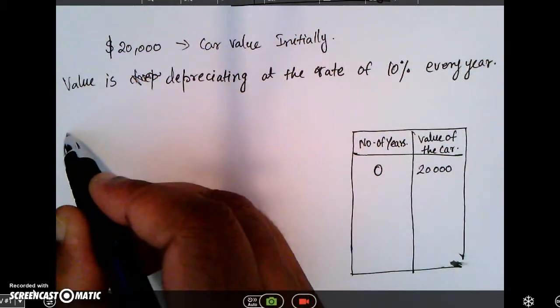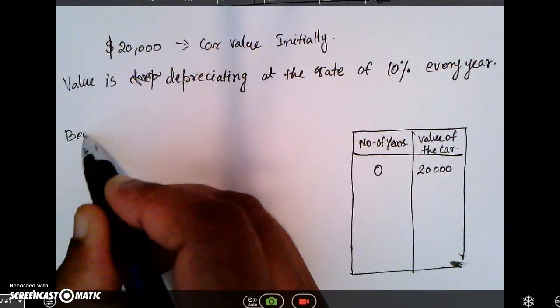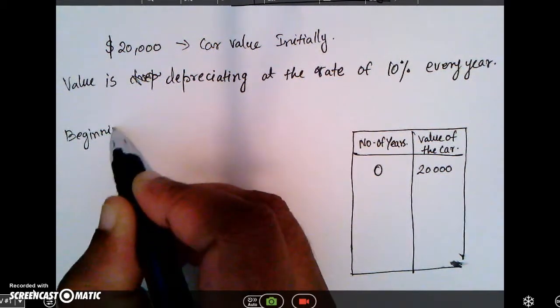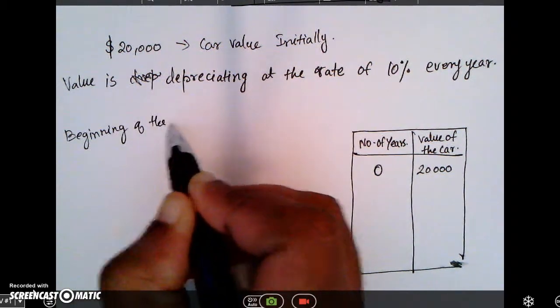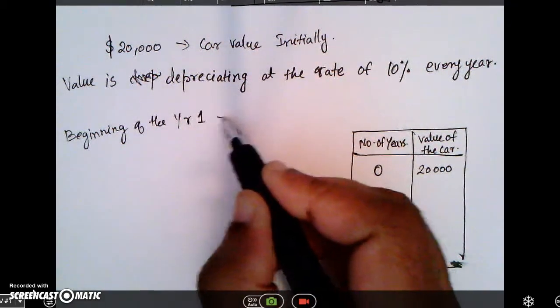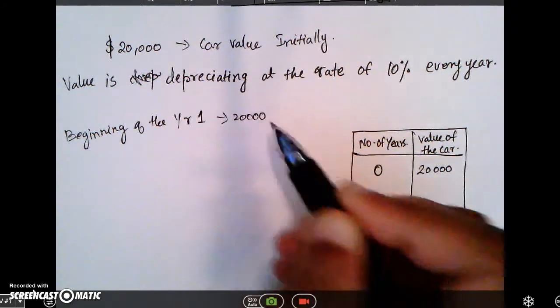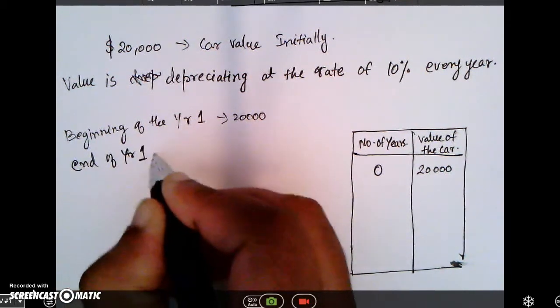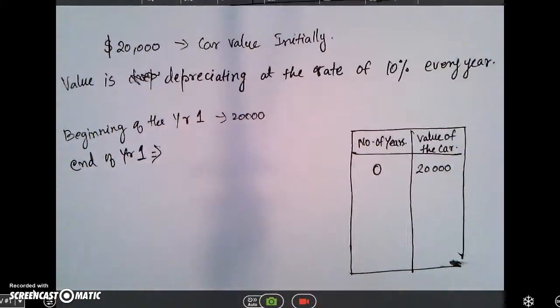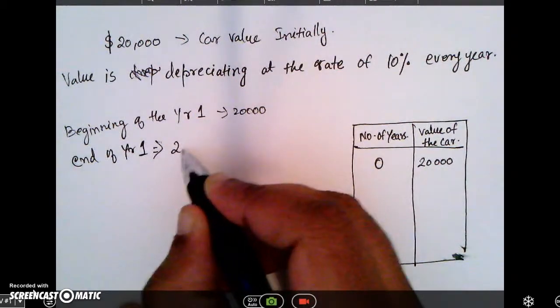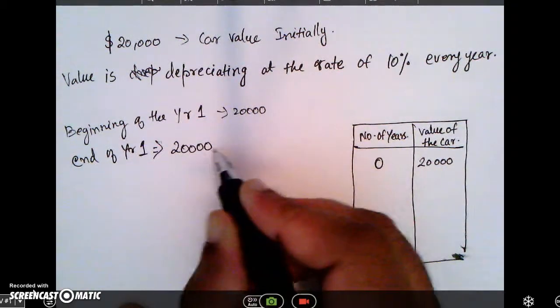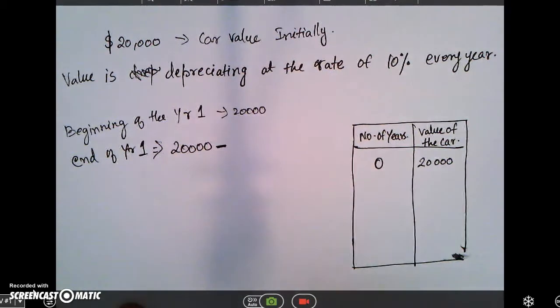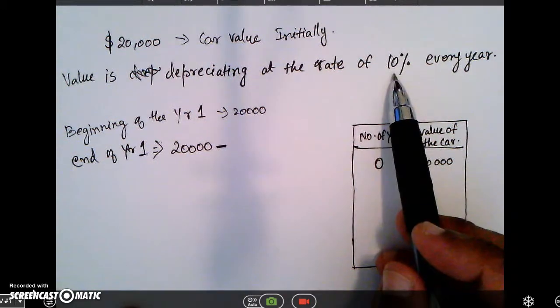So the beginning of the first year, it is 20,000, right? End of year one, what is the value of the car? I started with 20,000. Now it is reduced in price, right? How much has it reduced? It's reduced by 10% of its original value.